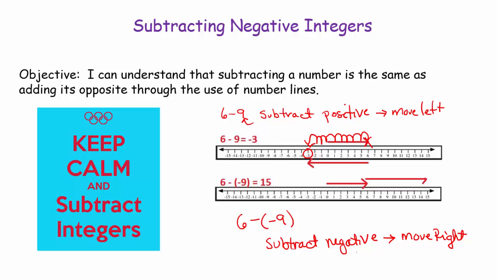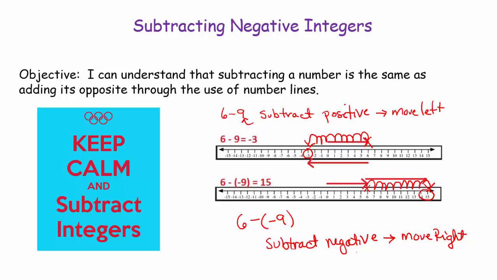So if you're at 6 minus a -9, 6, 0 to 6, minus a -9, subtracting a negative, move right. 1, 2, 3, 4, 5, 6, 7, 8, 9. So 6 minus a -9 actually gets us to 15.